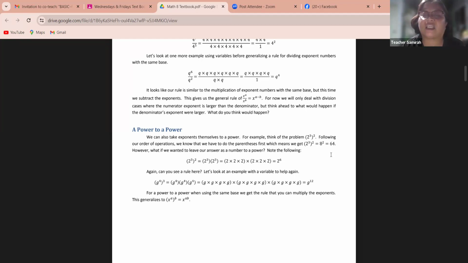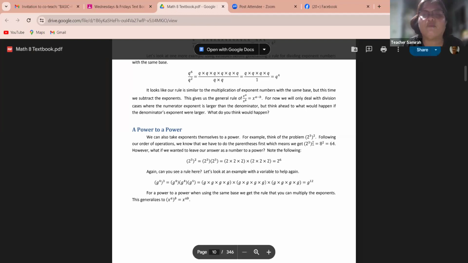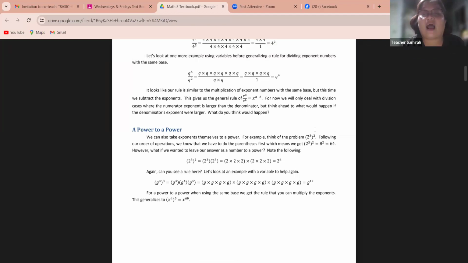What are we going to do with that? If you encounter something like this, you are simply going to multiply the powers. So it will become 2 with the power of 3 times 2, so 3 times 2 becomes 6: 2 with the power of 6.